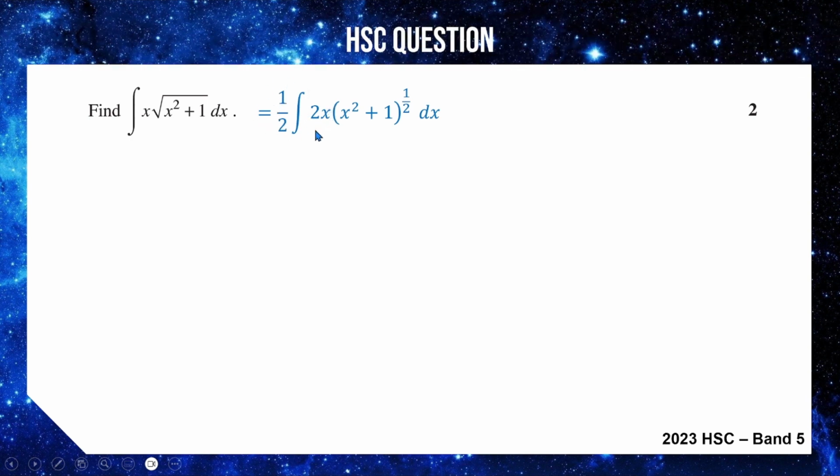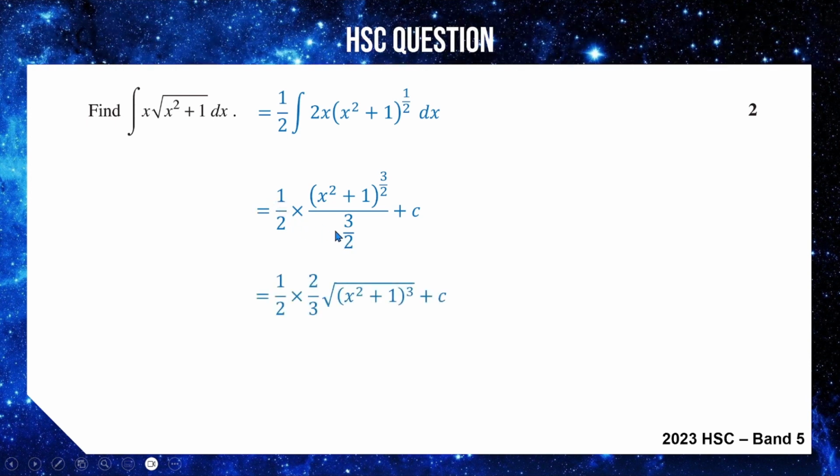Cool, now that we've done that, we can just integrate the bracketed term, raising the power up to 3 over 2 and then dividing by 3 over 2 as per usual. This 2 on the very bottom, as I said before, is going to flip up the top, and then 2 times a half is going to make 1. So this half here and this 2 down here are actually going to cancel out really nicely.